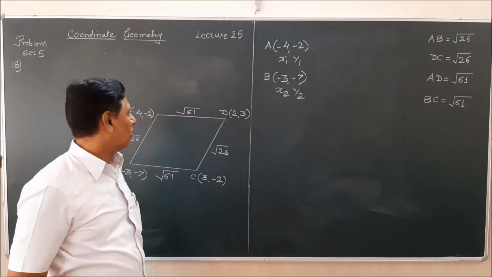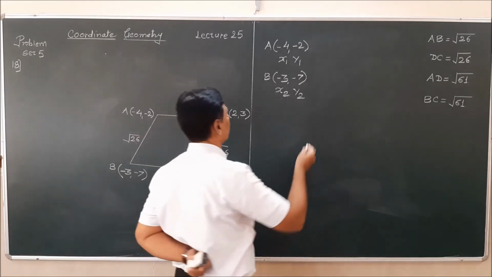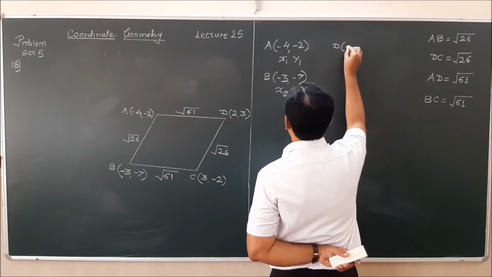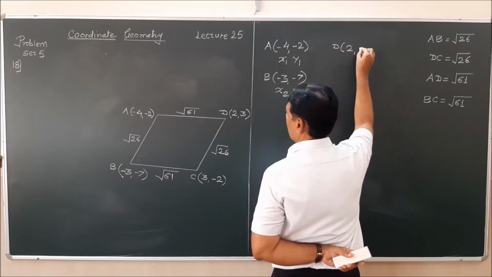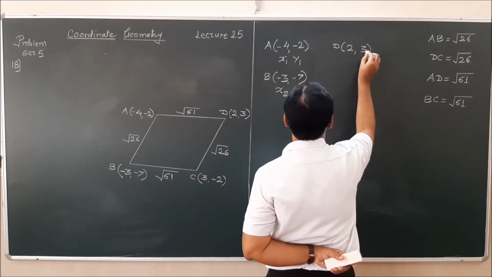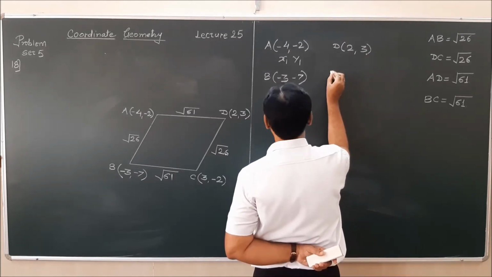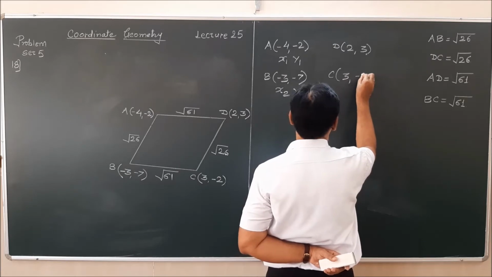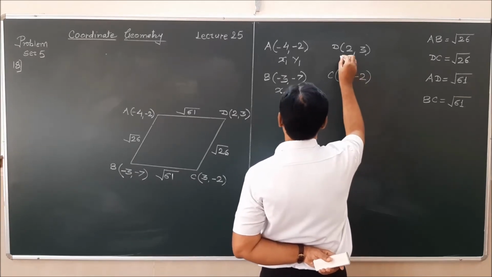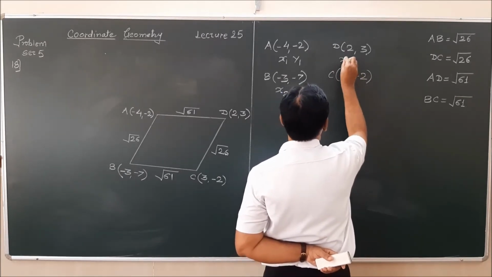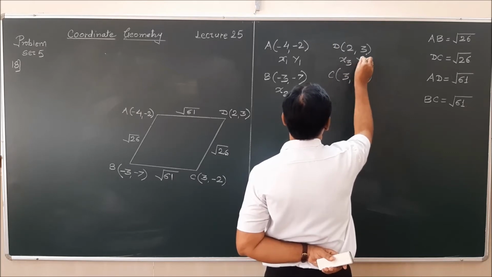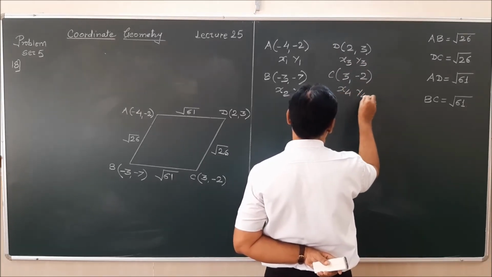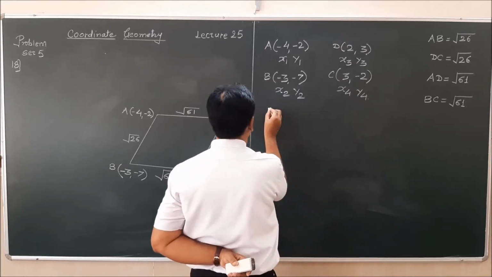While coordinates of D are 2, 3, and coordinates of C are 3, -2. So I label them x3, y3, and x4, y4. Now slope of AB.